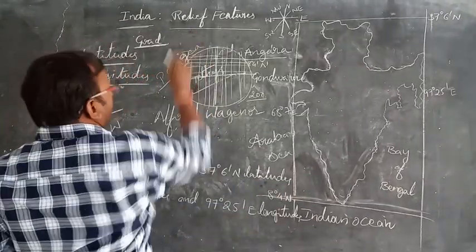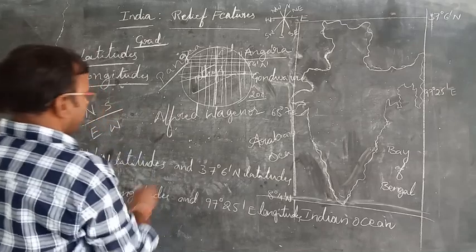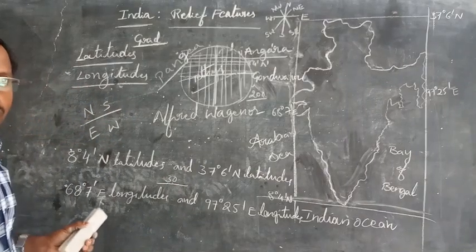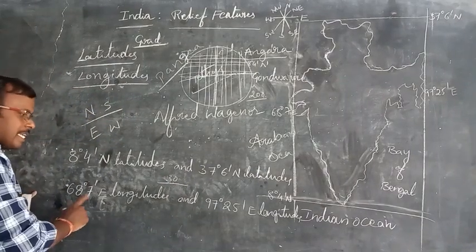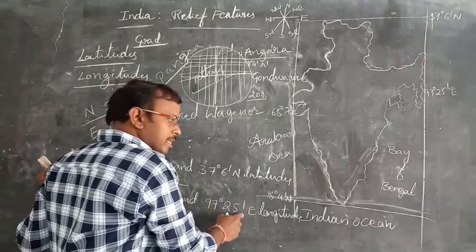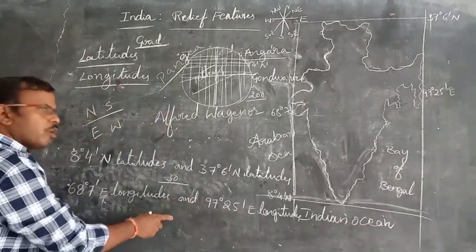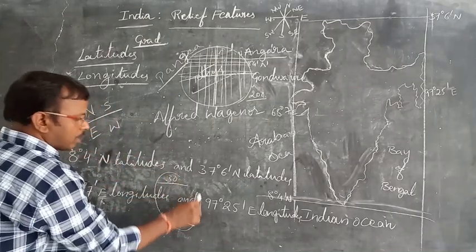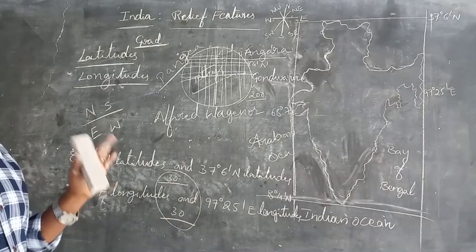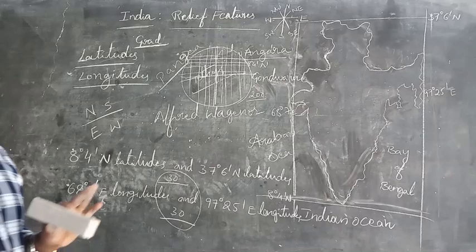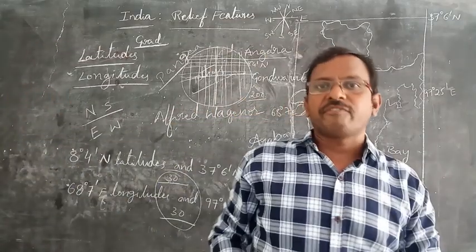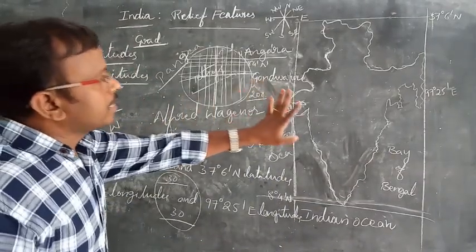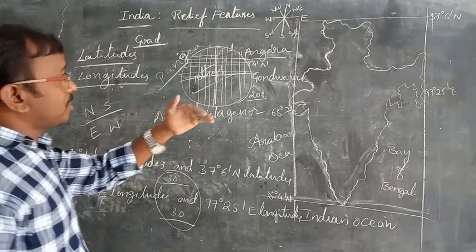Nearly 30 latitudes. Next, from 68 degrees 7 minutes to 97 degrees 25 minutes longitudes, here also nearly 30 longitudes are there. So the latitudinal and longitudinal difference in India is 30 degrees. Understood? So that is the location, and it is a very good location.